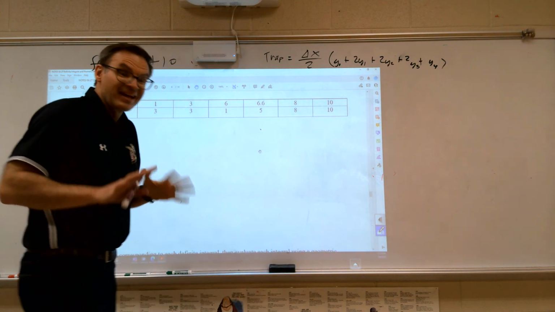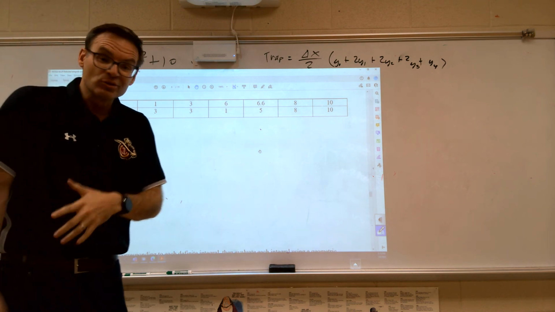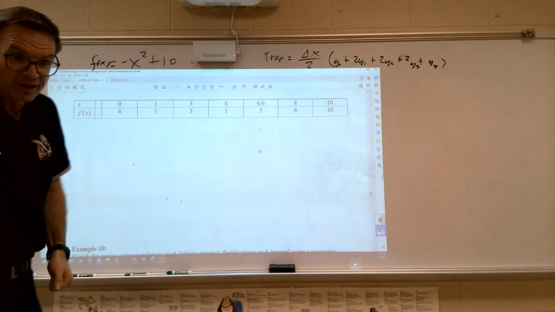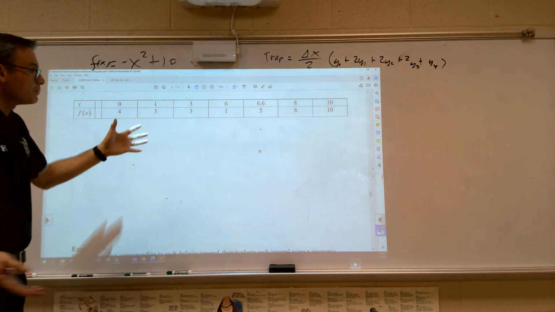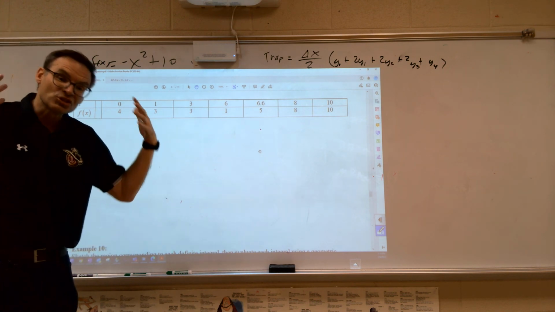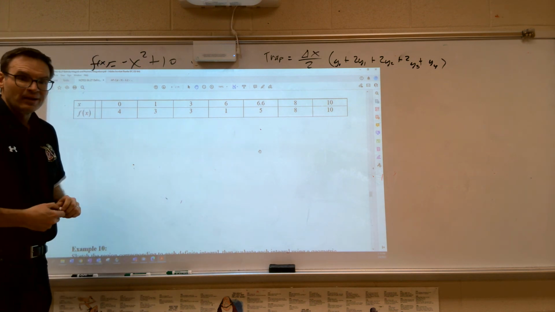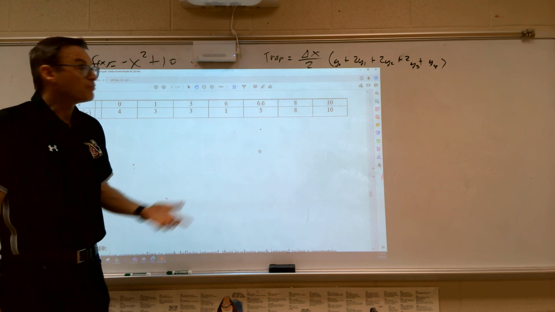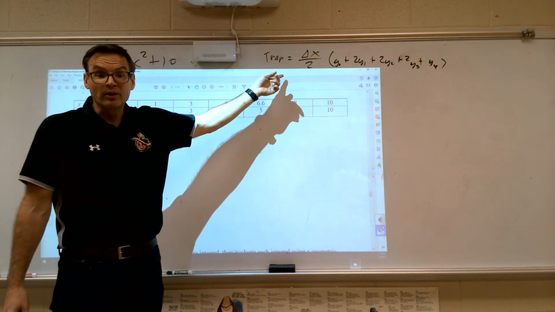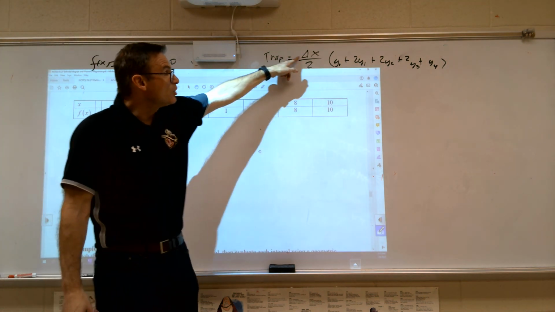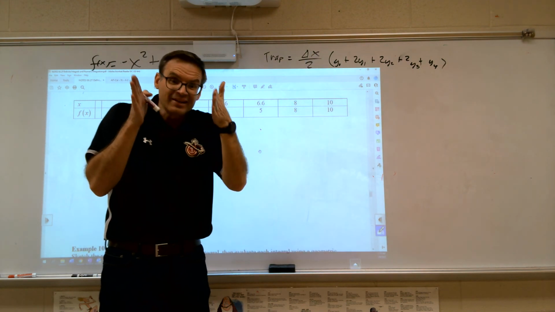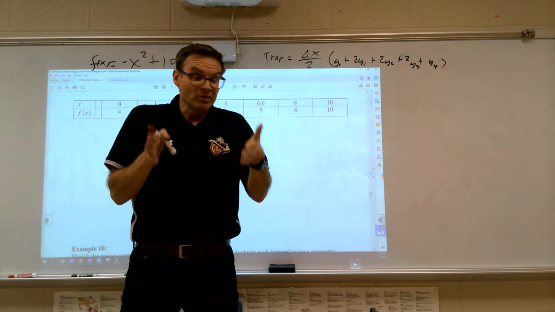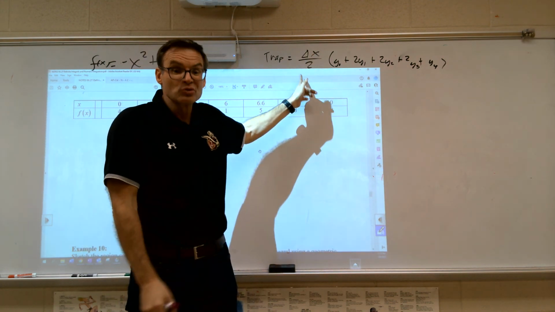And they do this, and I'm going to do this on our quiz that I give you sometime next week. You'll get something that doesn't have equal partitions, and so how do you do this? If you try to use the rule, it's going to be wrong. This rule says delta x. That delta x is every partition. Well, if every partition is different, you can't use this rule.